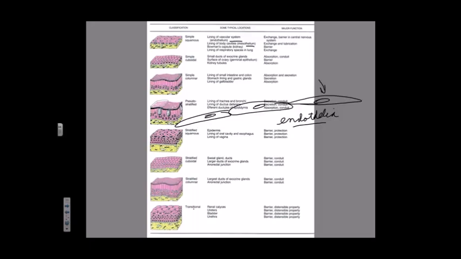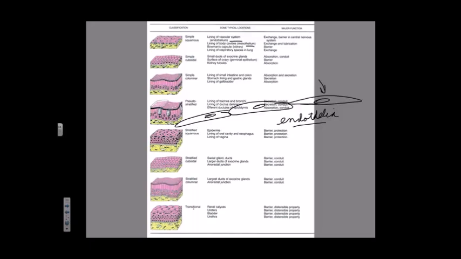Your lungs surface is lined with simple squamous epithelia. And when it's lining the surface of your organs, we call it visceral pleura. Write that down, visceral pleura. When it's lining the thoracic cavity, we call it parietal pleura.